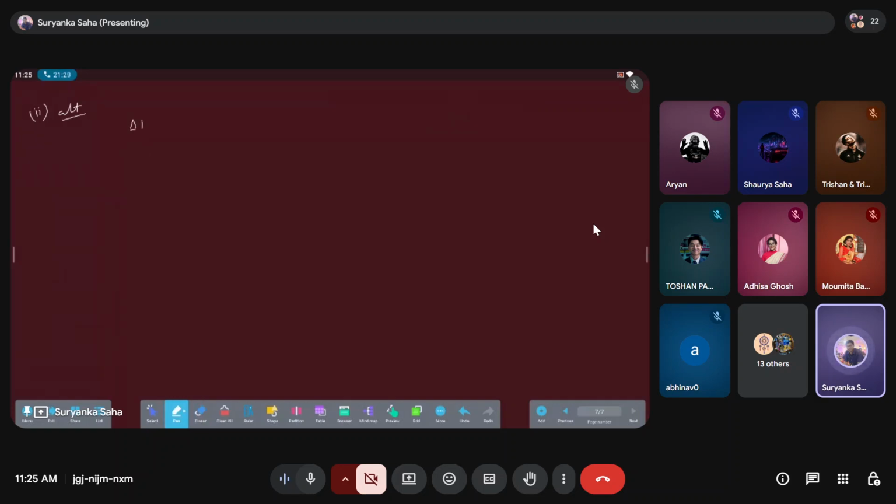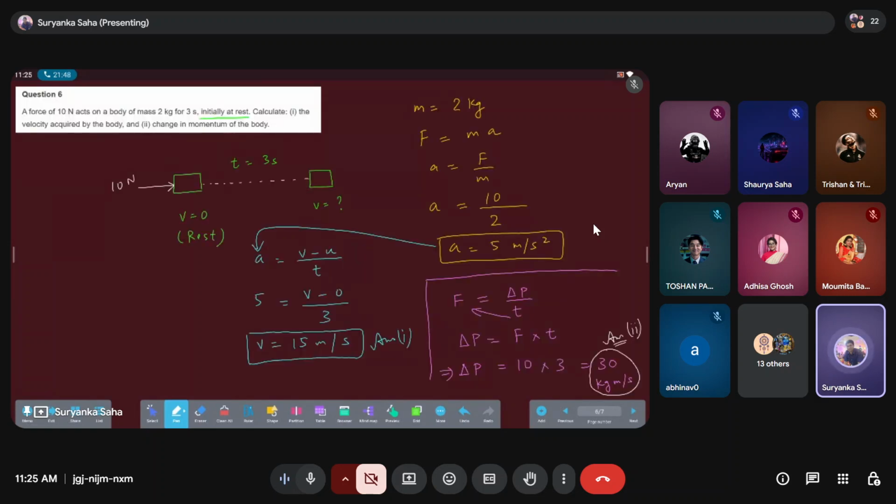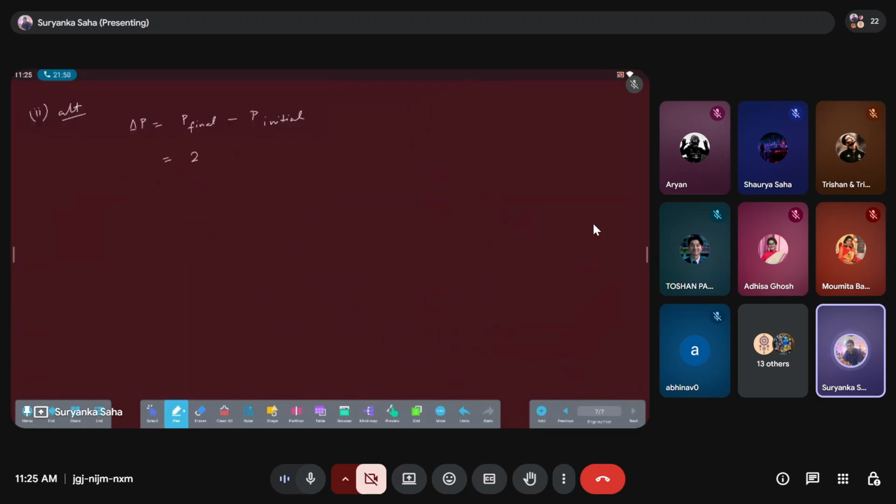Delta P equals P final minus P initial. Okay, difference of momentum. So what is the mass? 2 kg. So 2 into final velocity, which is 15, minus 2 into initial velocity, which is 0, isn't it?